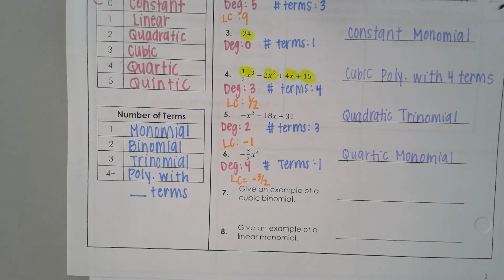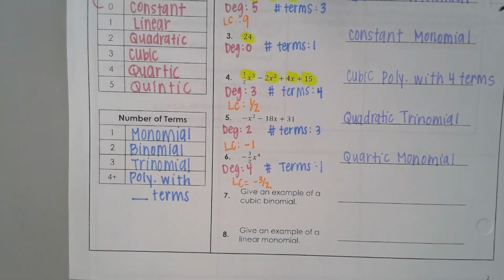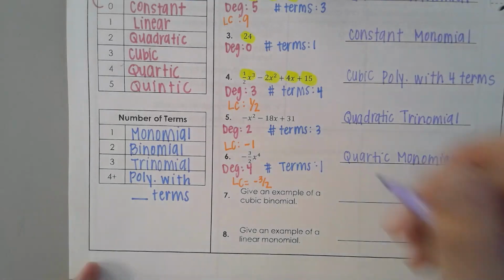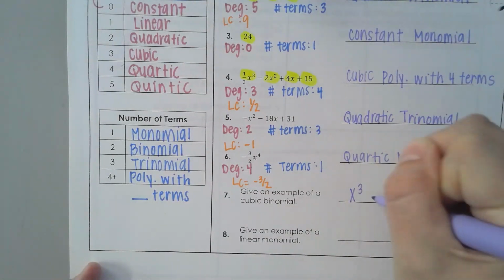So for number 7 and 8, you have to come up with your own example, and it gives you the name. So there are so many correct answers. Number 7 is a cubic binomial. x to the third plus 7, sure.